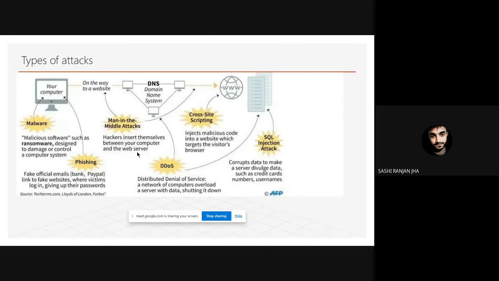It is also possible to de-authenticate the users connected to that router. Whenever there is an automatic connection from your device to that router, a handshake happens between your device and the router, and that handshake contains the key. That key is responsible for connecting you to the router, and it is a kind of password in hash format.